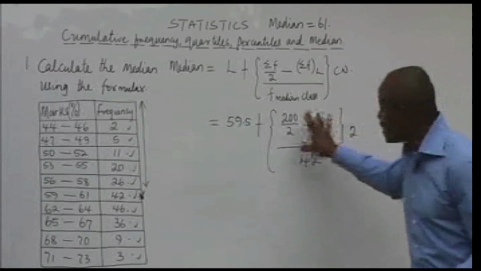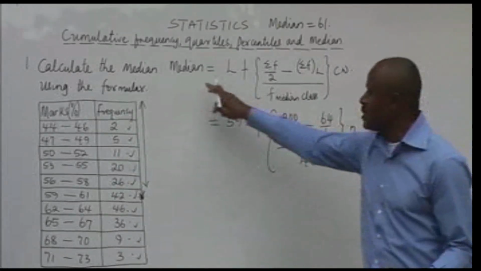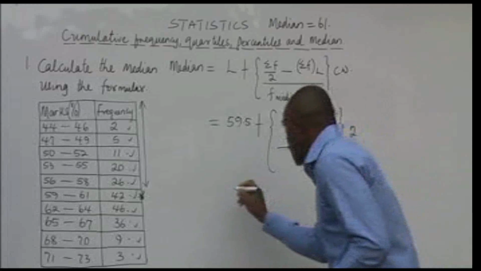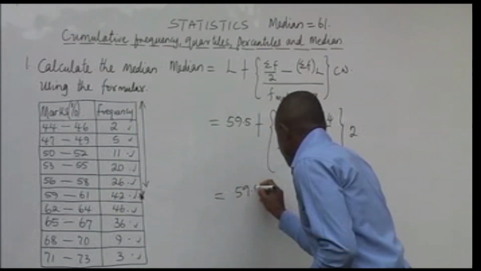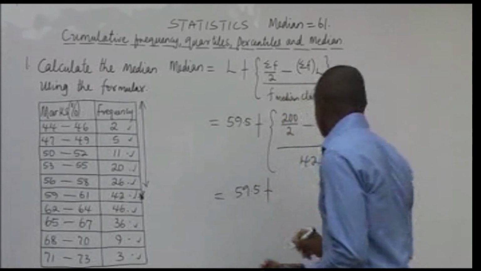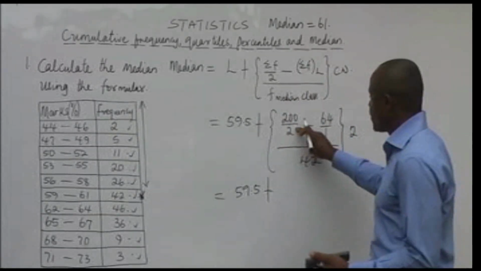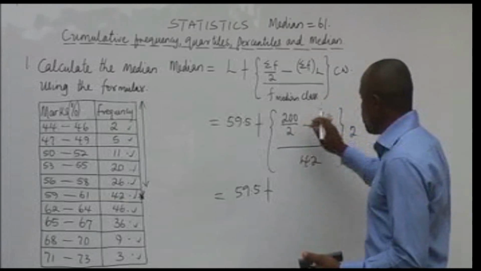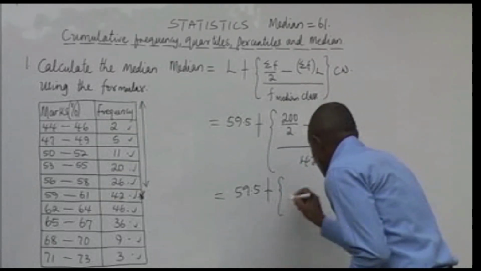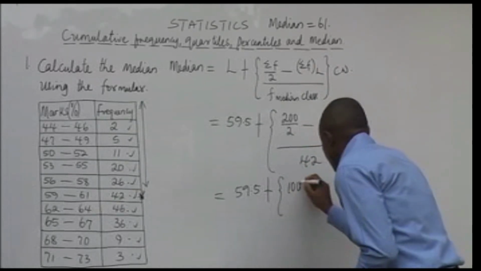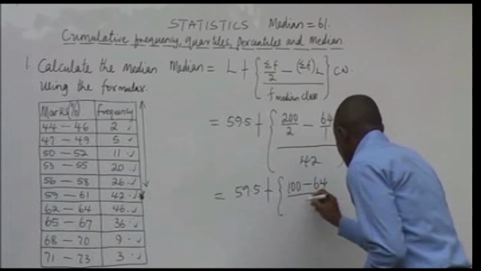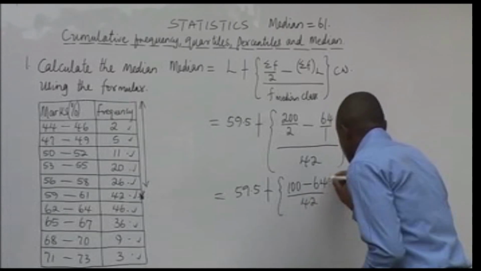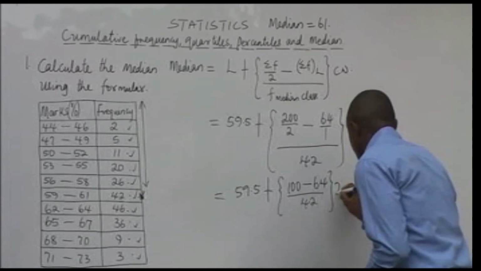So if you solve this arithmetic, whatever it gives you is the median. So let's go ahead. This is equal to 59.5 plus, this is 100. So what you have in the numerator here is simple. 100 minus 64. Then divided by 42. Whatever you get, multiply it by 2.